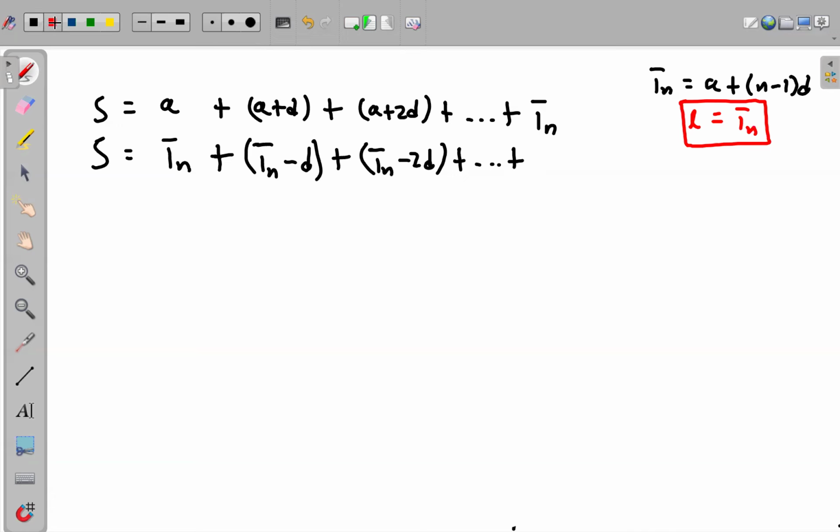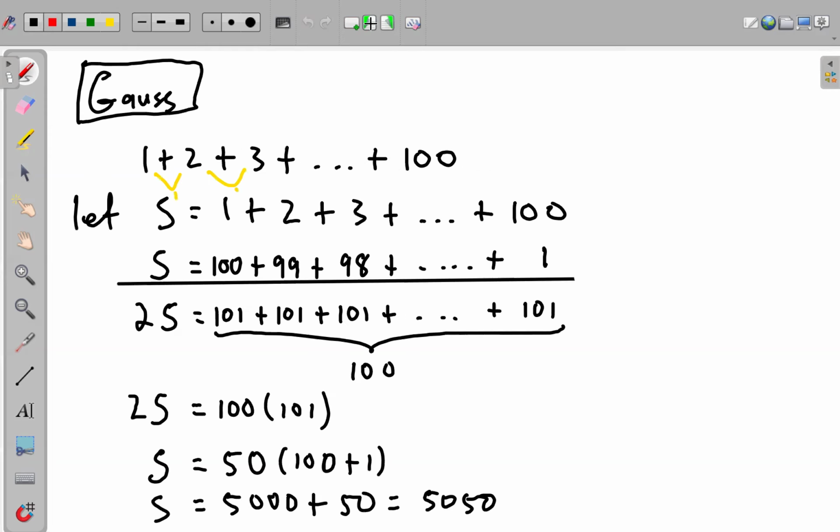In any sequence, the last term is equivalent to Tn. In any arithmetic sequence, yes. Are you with me? So Tn here is like my 100 here. Remember, the 100 here was the last term. Okay? And that's always Tn. Okay.